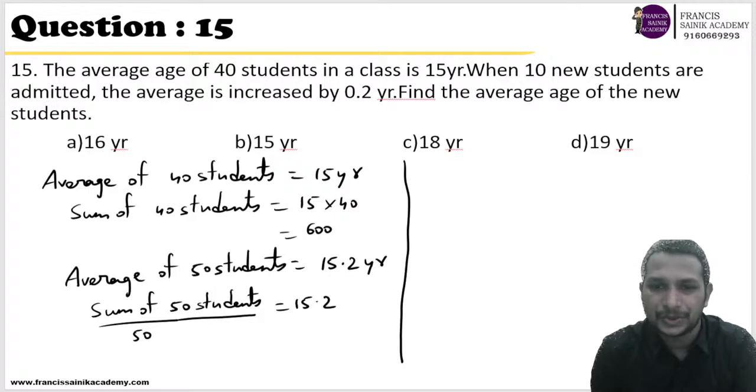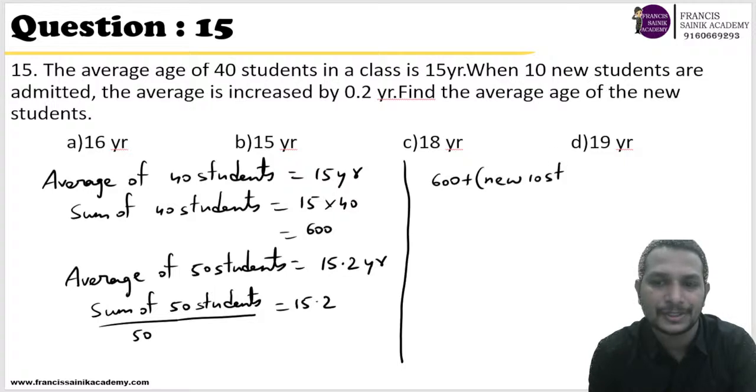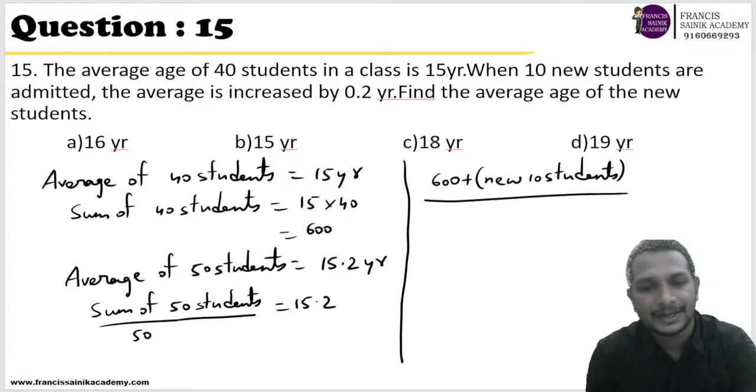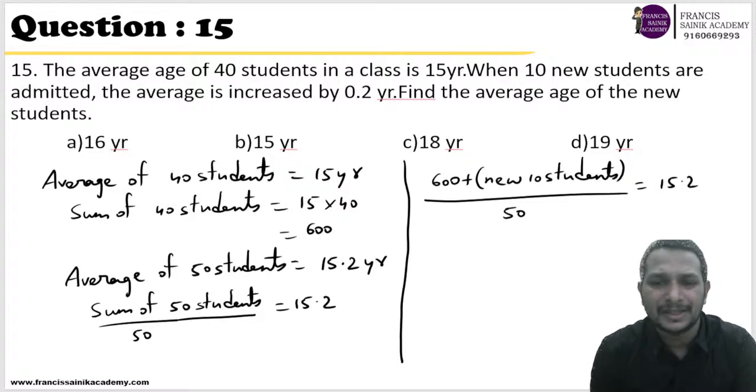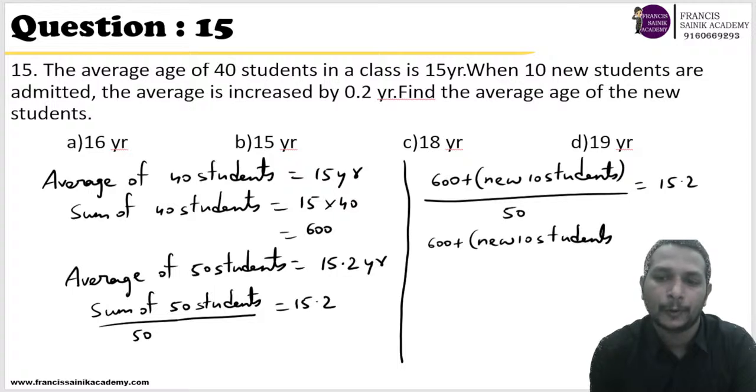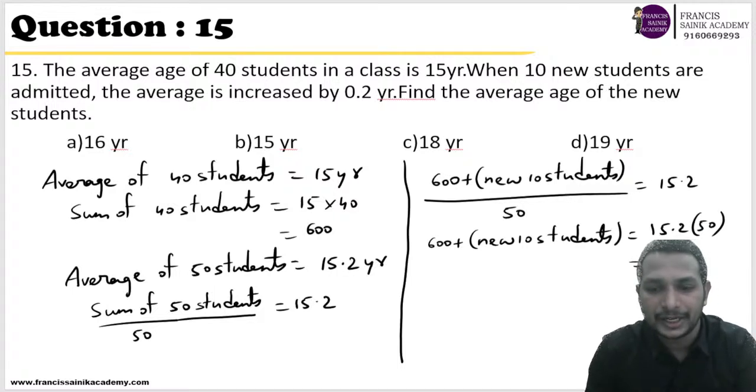So the sum of the 40 students is 600, and the new 10 students are to be found. The sum of 40 students is 600, as we got here. To find the new 10 students, 600 plus the new 10 students equals 10.2 into 50. 10.2 into 50 means how much do we get?